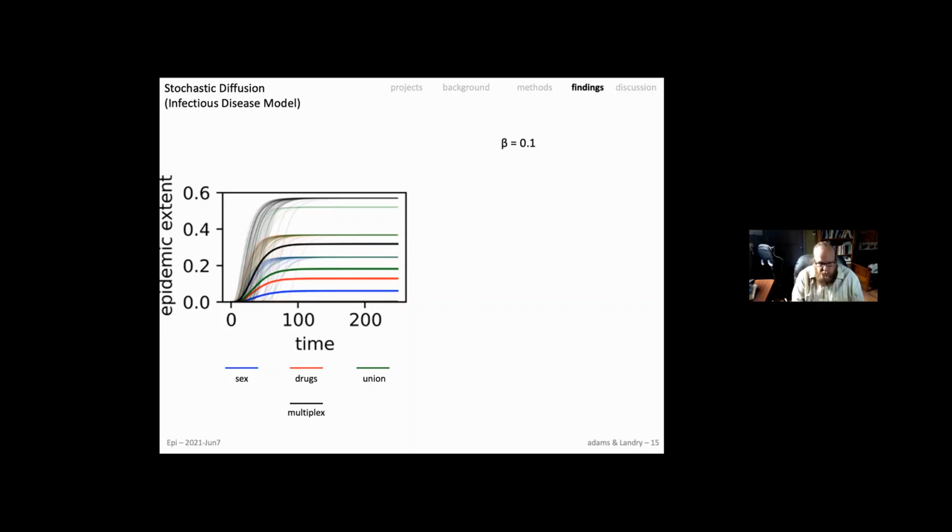So the punchline in this particular example for the moment is that the union of the sex and the needle sharing networks only ends up spreading a disease to about half as many people as does the multiplex network that combines both of them at the same time. Right? So you have a vastly underrepresented diffusion process by combining the information we would get from a study on sexual partnerships and a study on needle sharing partnerships than you would get if you had a study that put both of those together at the same time.